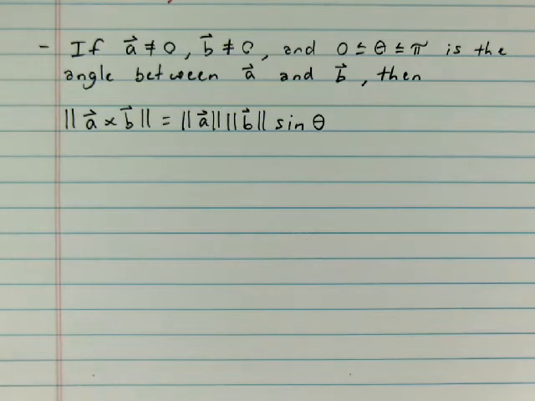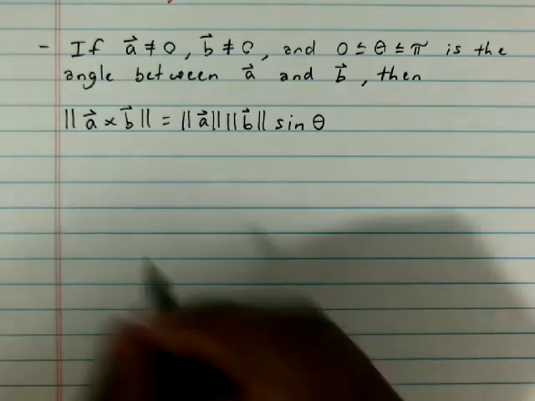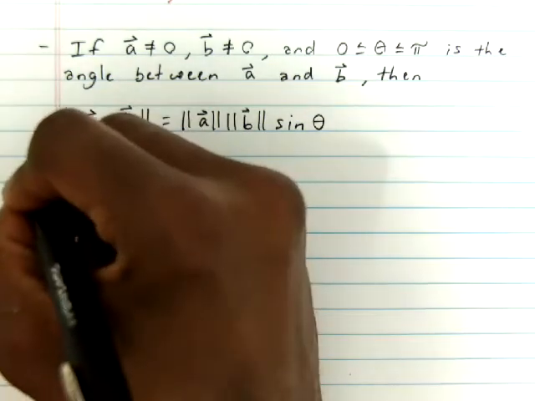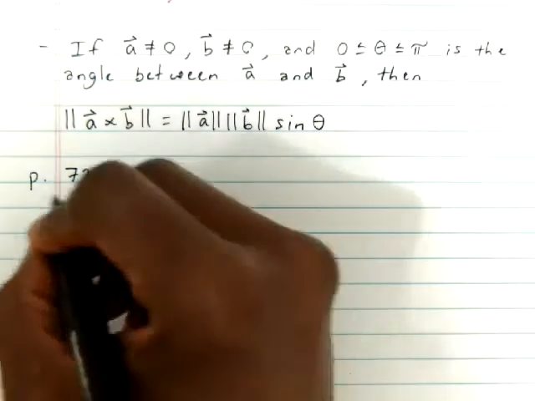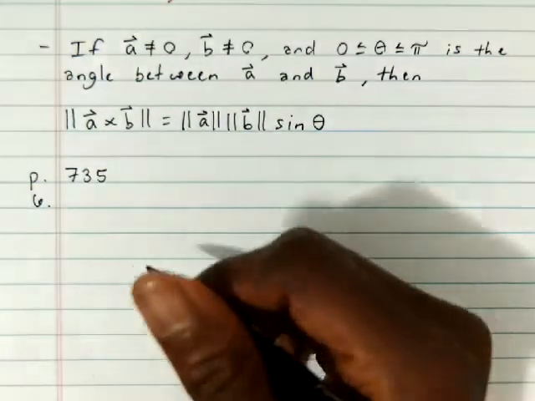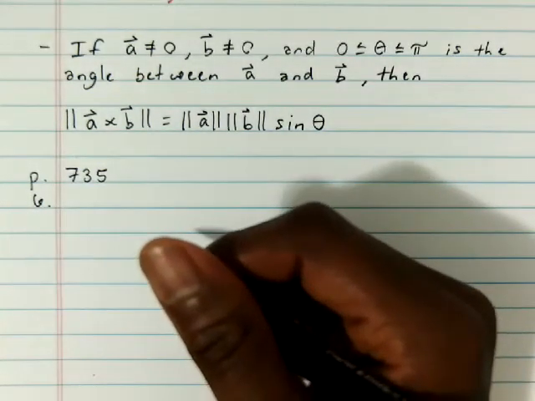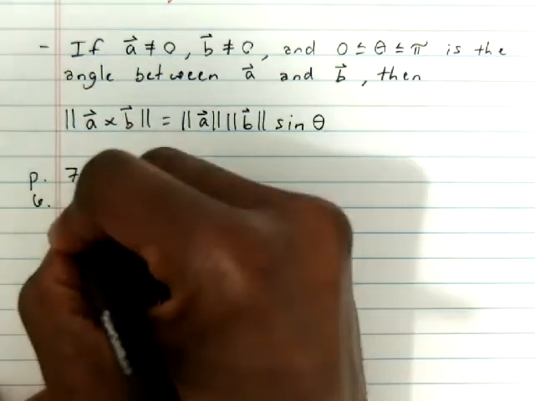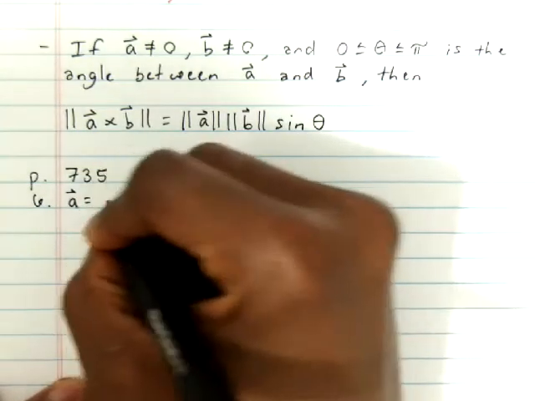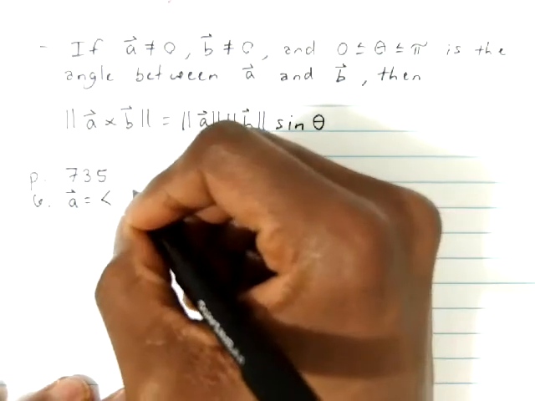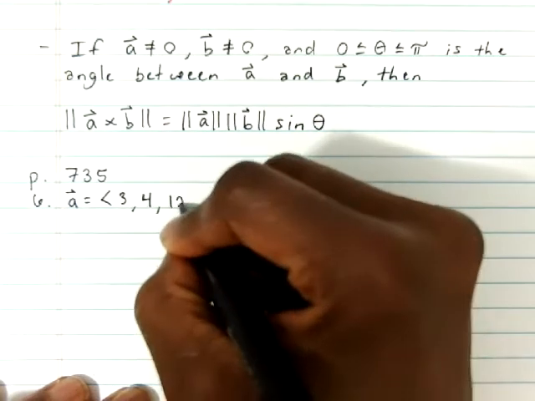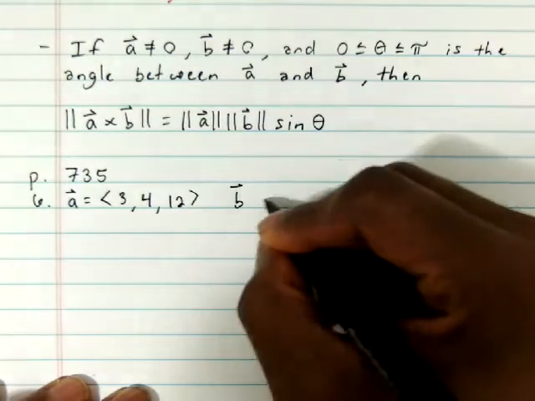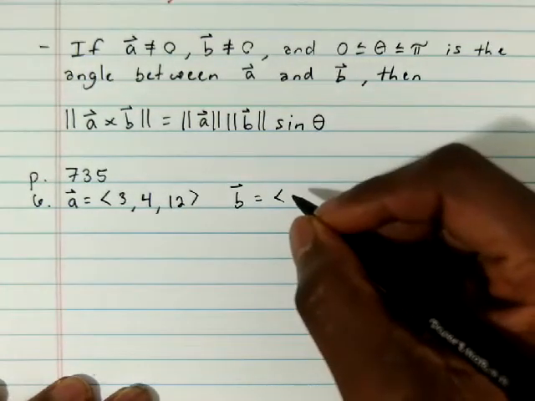We'll look at number 6 on page 735 of your textbook. Number 6 says, using the cross product, find the sine of the angle between the vectors A and B in exercise 4. All right, so we did exercise 4 in our last video. The vectors from exercise 4: A is 3, 4, 12, and B is 3, 4, negative 12.